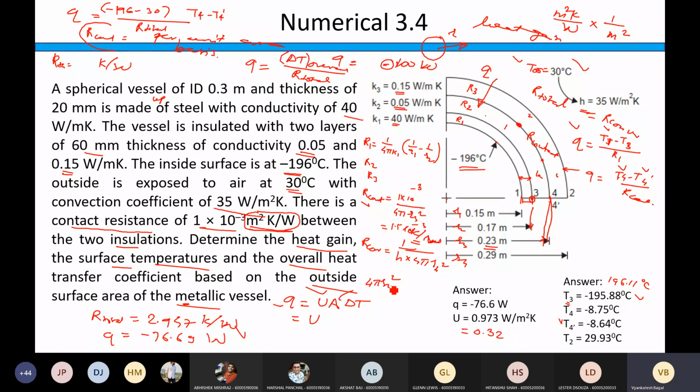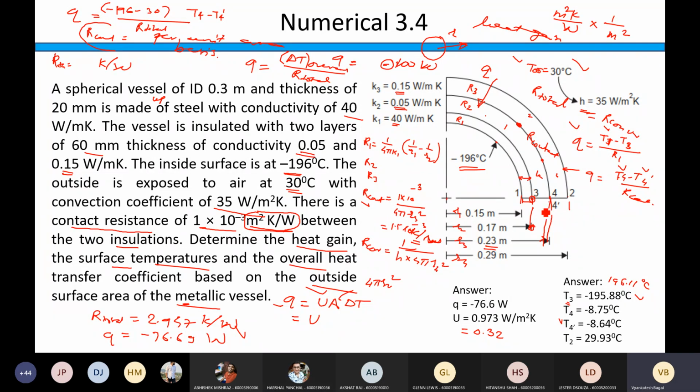Okay, you have used this area at this radius, right? No, sir. I took the outside one, 0.29. This one you have taken. Okay. So base this overall heat transfer coefficient area on the outer surface of the vessel. Okay, sir.